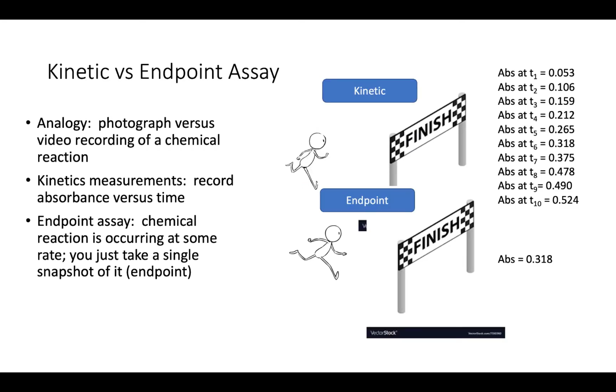So let's talk about the difference between a kinetic versus an endpoint assay. Our activity assay is a kinetic assay. Our BCA assay is an endpoint assay. So when we think about kinetic, we think about movement. And what your activity assay is doing, it is a kinetic measurement. It's recording the reaction over time. I indicated it's using Beer's law.